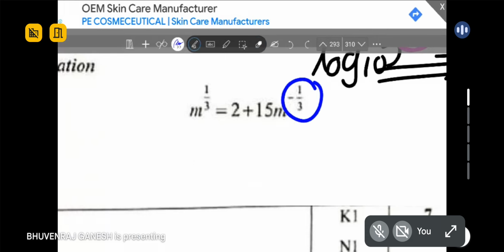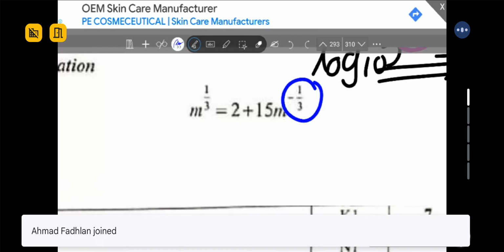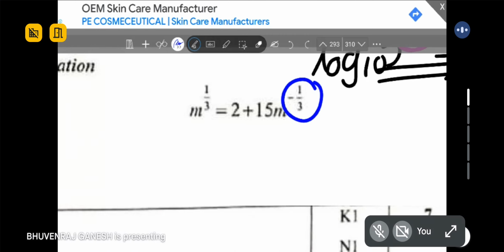You see negative 1 over 3, right? Usually, negative power. Can we solve, guys? Kalau kamu ada kuasa negatif, boleh selesaikan tak? May I know? Cannot, right? It's a bit hard, right? Susah kan nak selesaikan kuasa negatif. So what you do is, right, guys, how do you eliminate this negative power? Macam mana kamu nak hapuskan kuasa negatif ni?